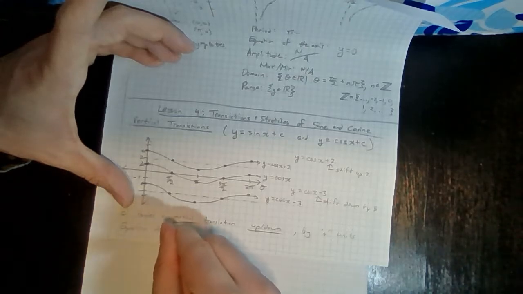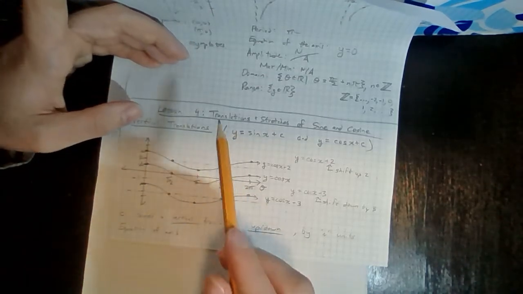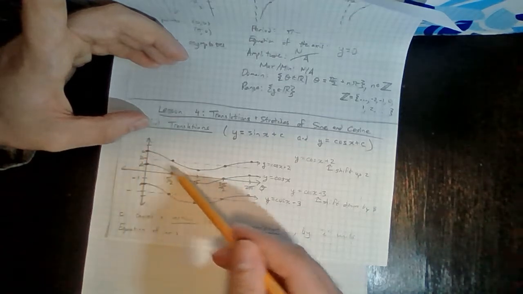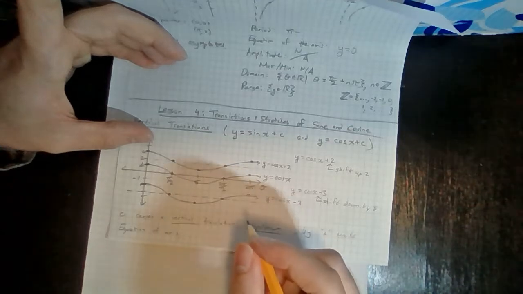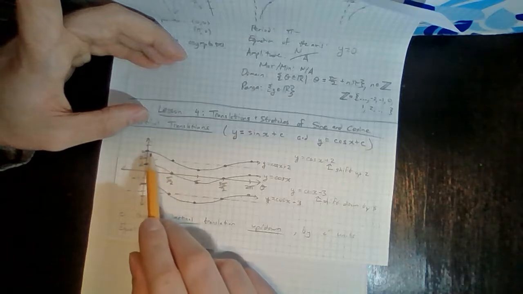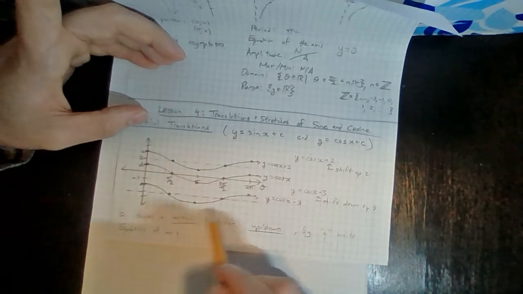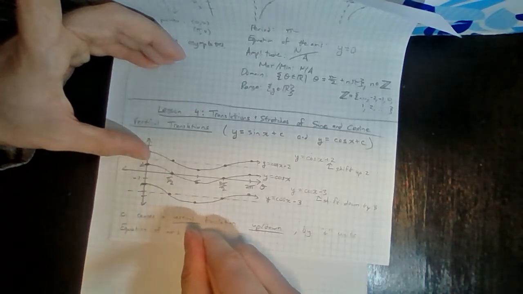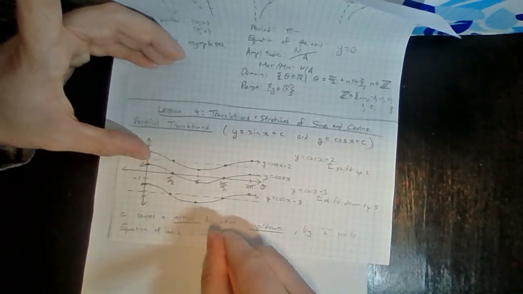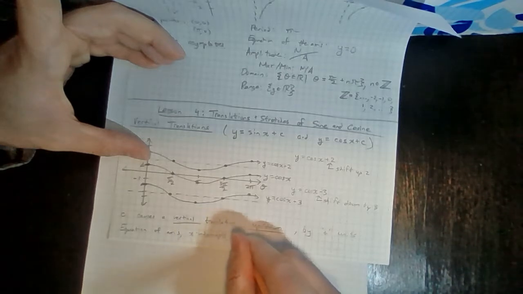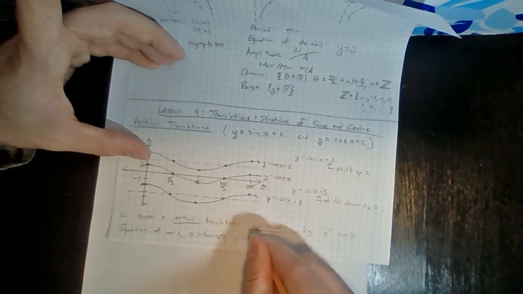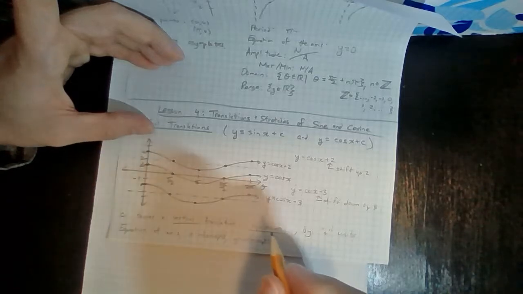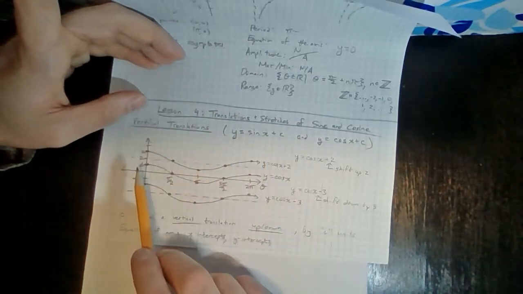Amplitude here is 1, amplitude here is 1, amplitude here is 1, amplitude's all staying the same. X-intercepts are changing. This function has no x-intercepts. This function has no x-intercepts. Our original function did have x-intercepts. So those can change, as well as our y-intercepts. Domain stays the same.